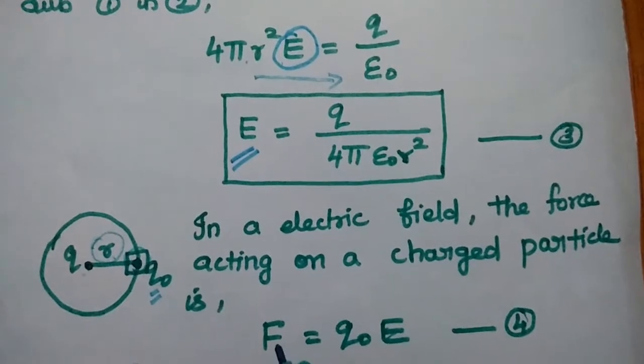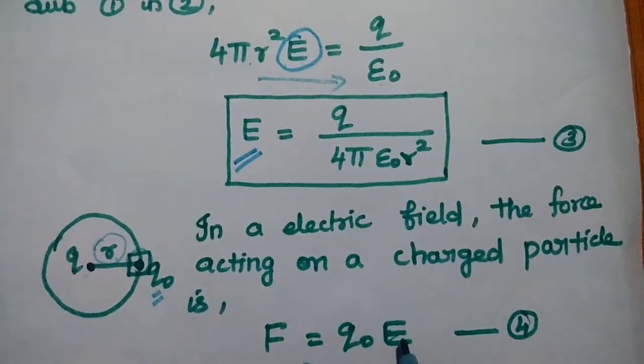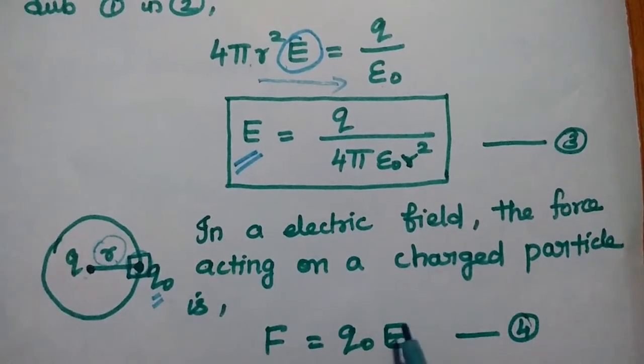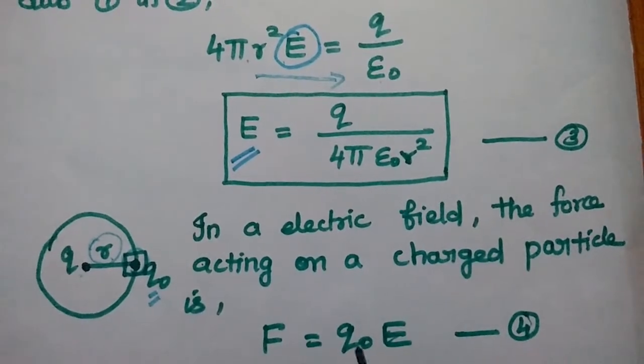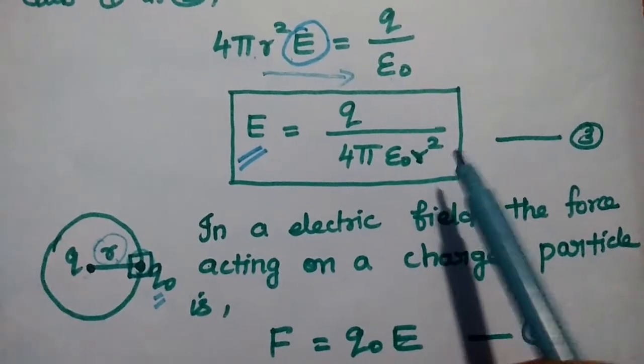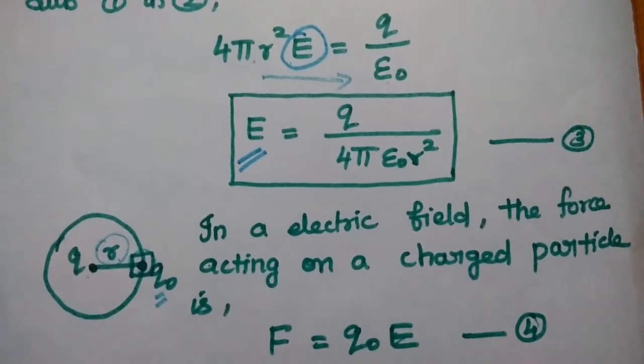Now force is equal to Q naught into E. We are going to substitute the value of E from the third equation. If I replace E by the third equation, I will get the force.